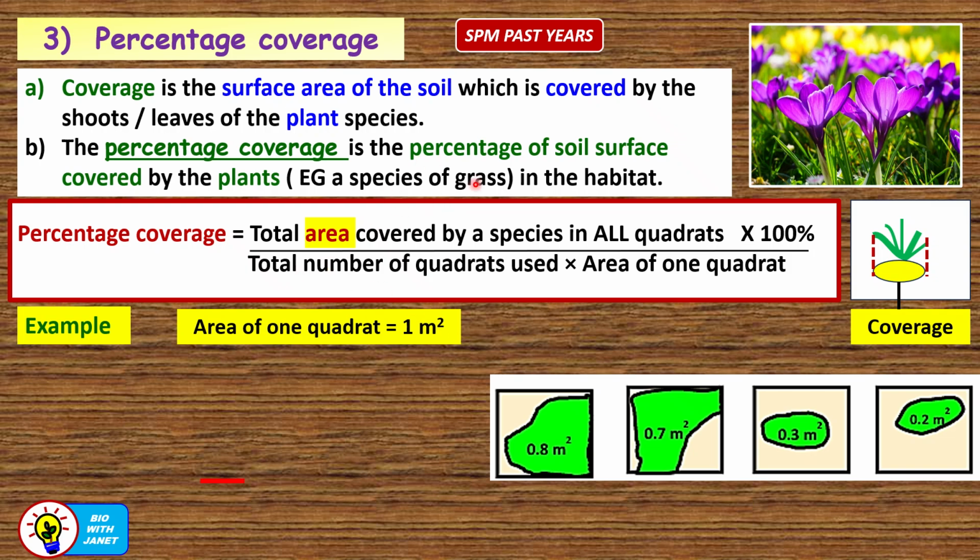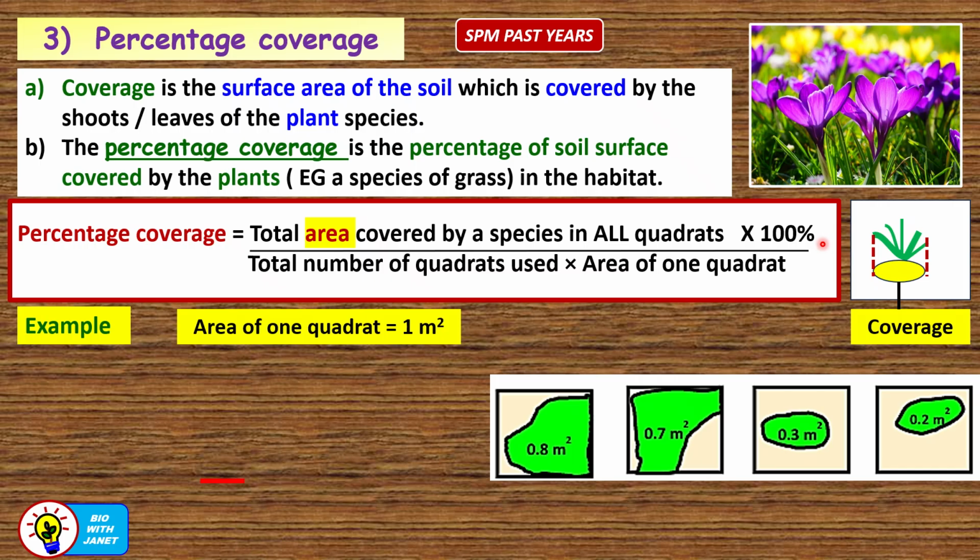So, for example, for a species of grass, percentage coverage equals the total area. Now it's not a number, it's the area covered. It's not the number of individuals. It's the total area covered by a species in all quadrats, over the total number of quadrats used times the area of one quadrat, times 100%.